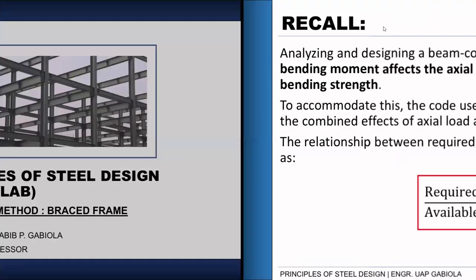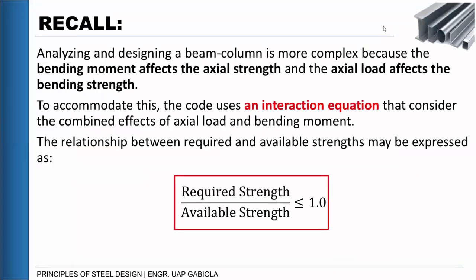As a recall, we have discussed the so-called interaction equation, and it is given by the formula: required strength over available strength should be less than or equal to unity. This interaction equation is actually already being used before, when we were calculating the efficiency of our section.